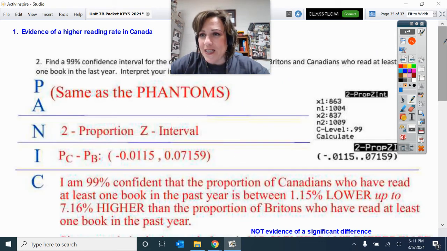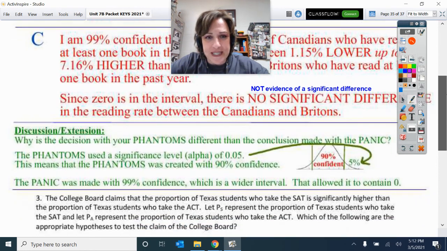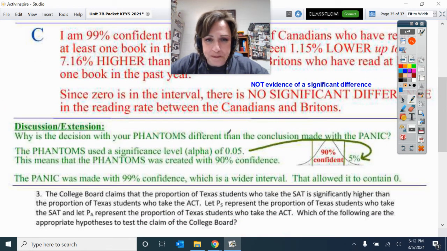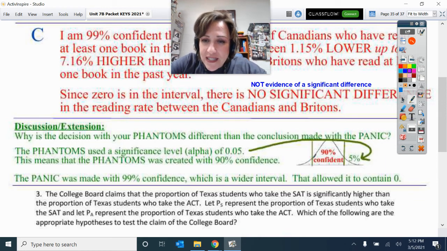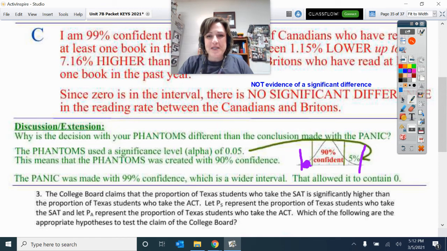So that is what gave us that discrepancy. I have a picture here. See that the test used a significance level of 0.05 right here, which is that 90% confidence, but our 99% confidence is wider and hence included the 0, which was right in here somewhere. So that made that discrepancy in those decisions.